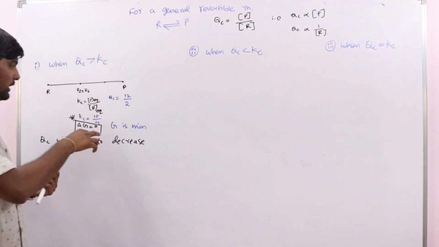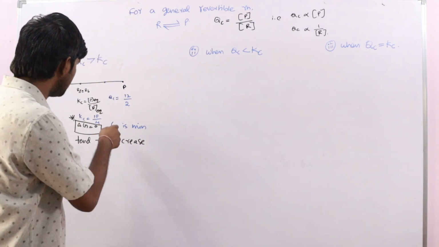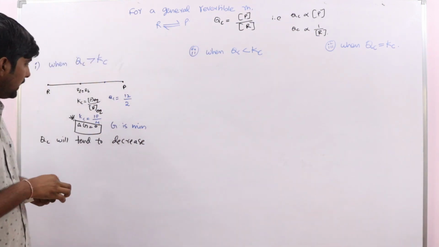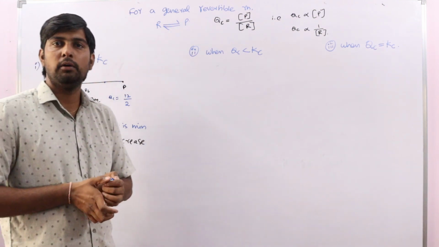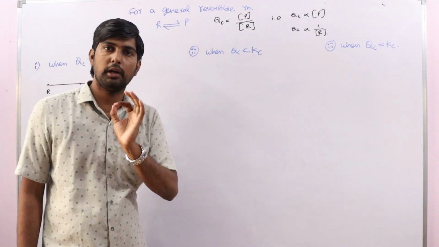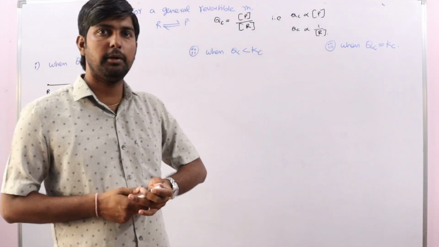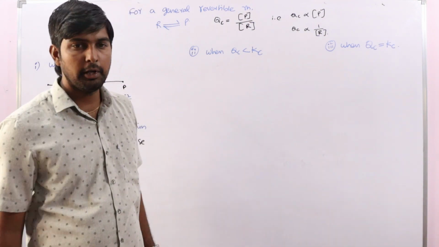Whenever G is minimum, that is the more stable state. When G has the possible minimum value, the reaction gets more stability, and both reactants and products get more stability. Everything in nature is trying to get stability, yes or no?